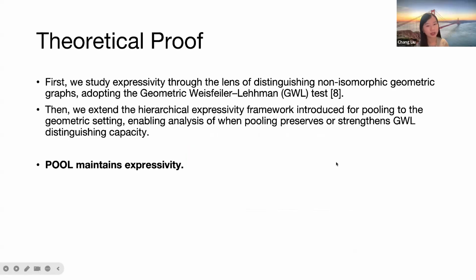Okay, so overall, that is the experimental result in our paper. And for the theoretical proof, please refer to our paper for more details. What I would introduce here is that the pool operation introduced in our model can maintain expressivity, from the theoretical proof.